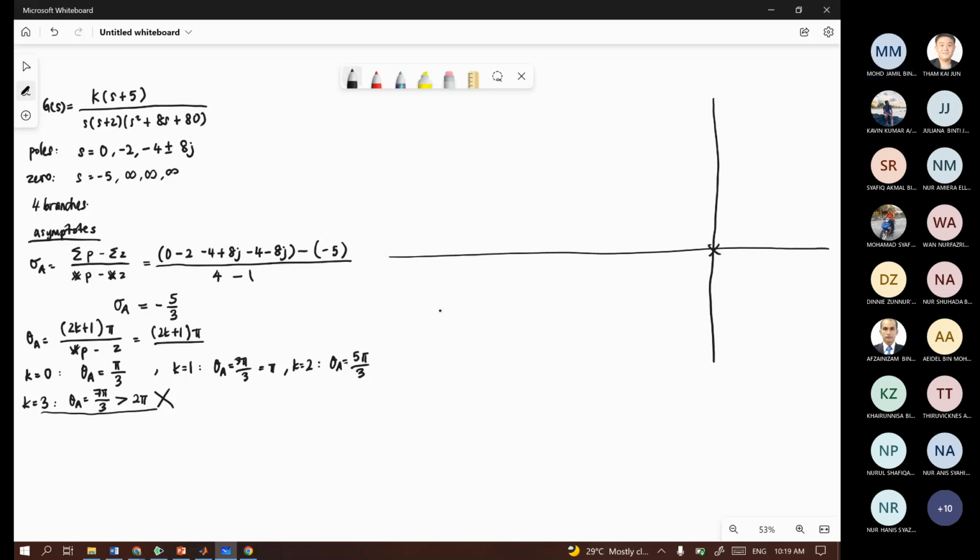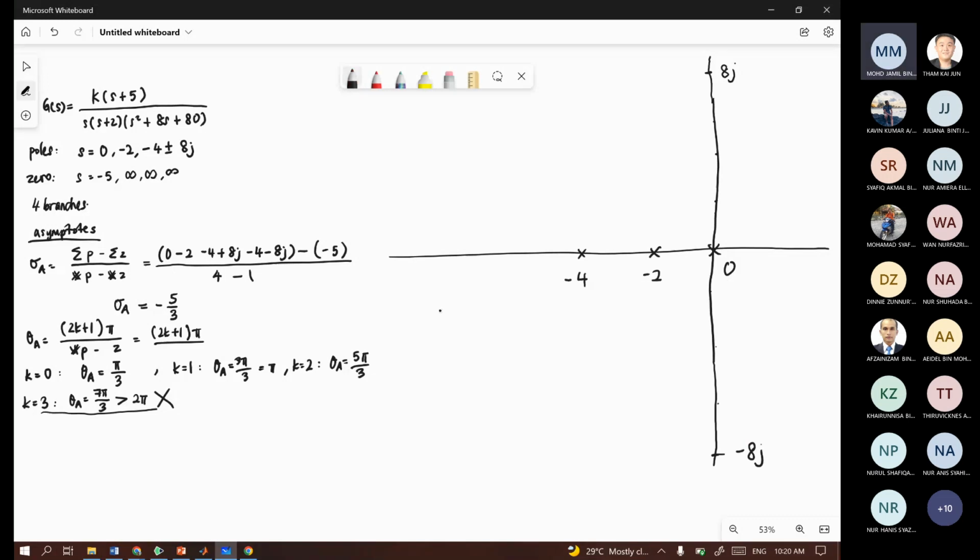So we have our pole here, -2, -4, and then somewhere here, 8j, minus 8j here.